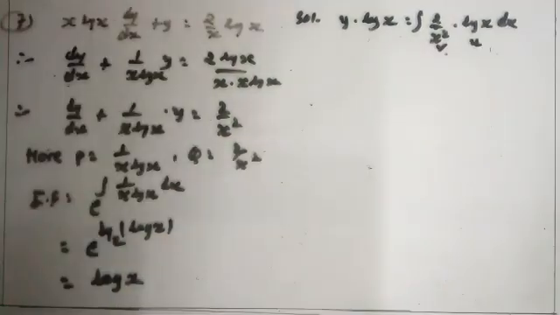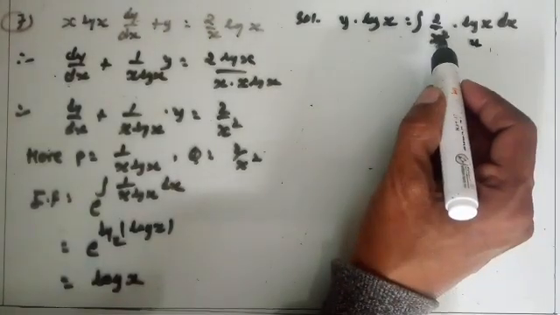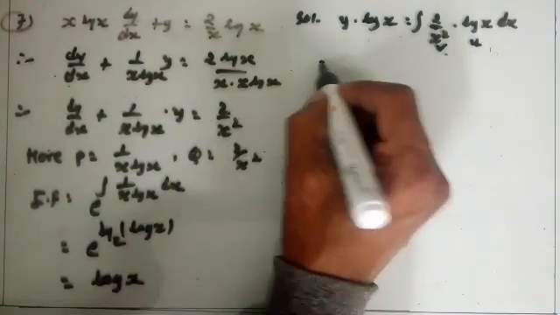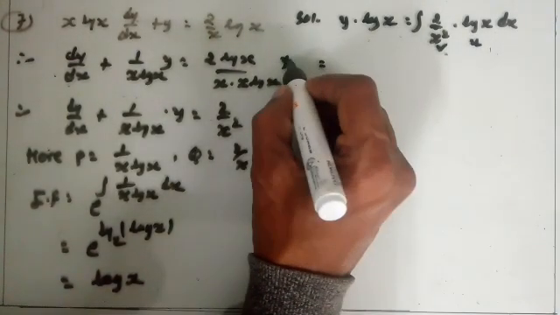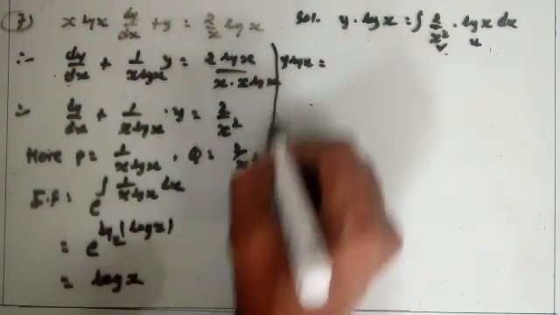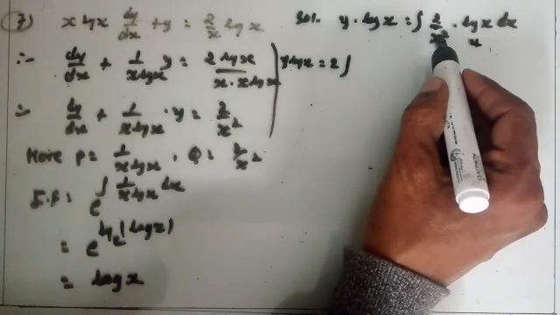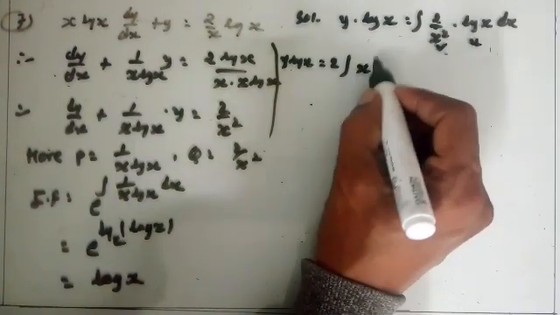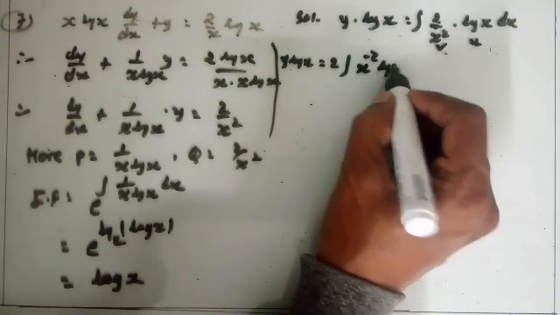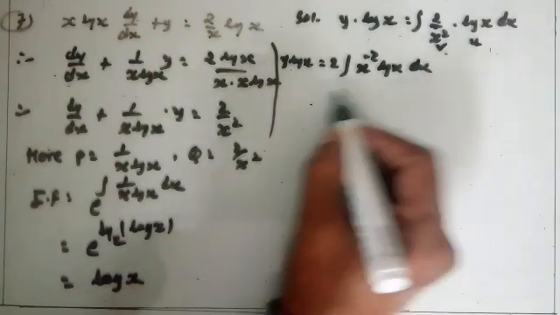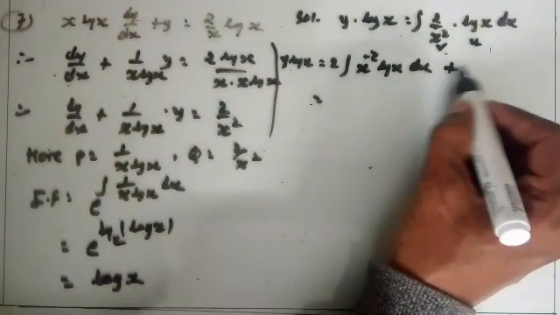Clear? Now taking 2 outside, we get y log x is equal to 2 into integration 1 upon x square, that is x raised to minus 2, log x dx, plus c.